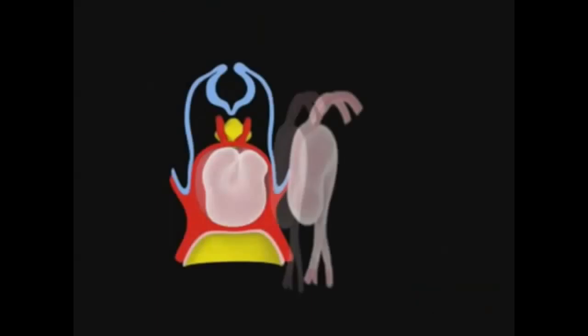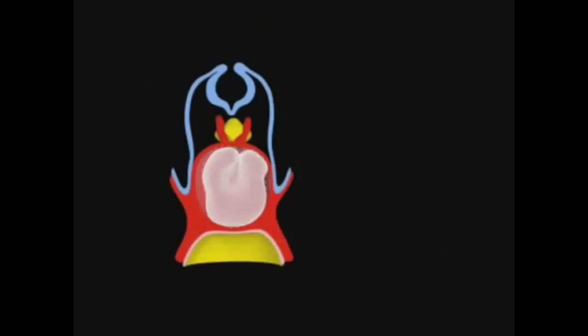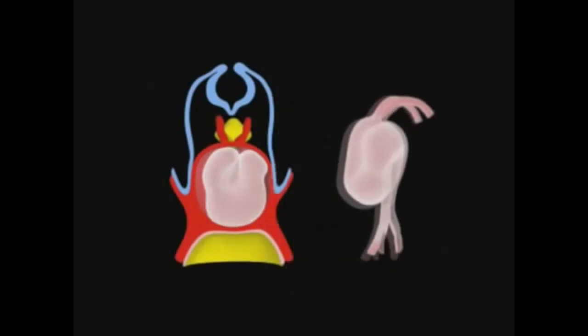And now we look at this from the sagittal view. This is from the transverse section, and this is from the sagittal view. You can see that the heart is twice looping.